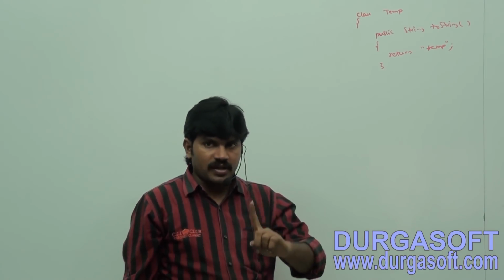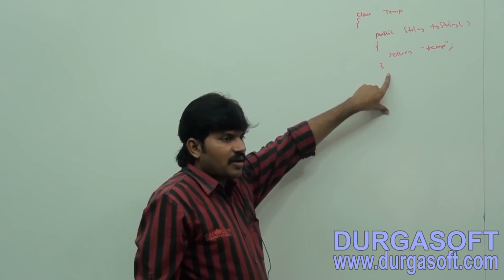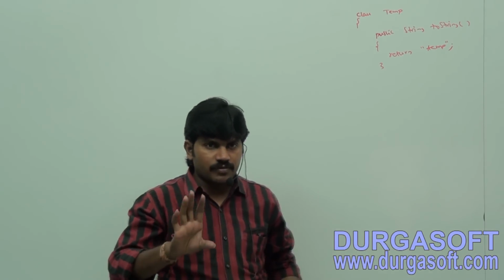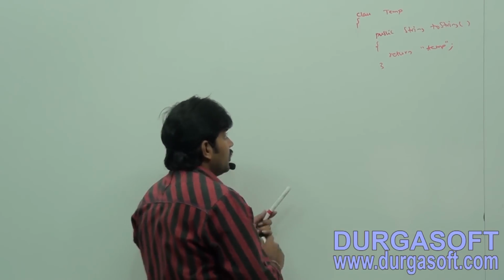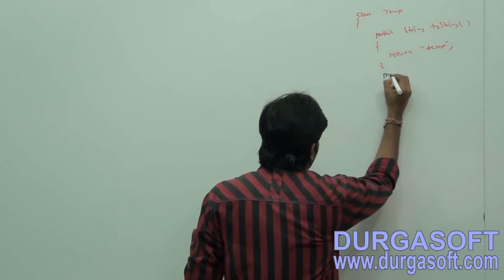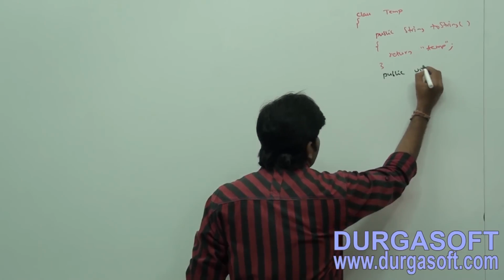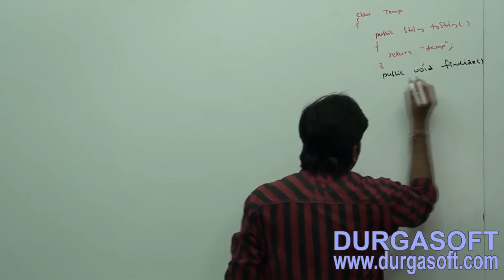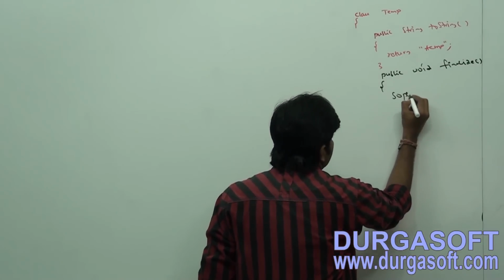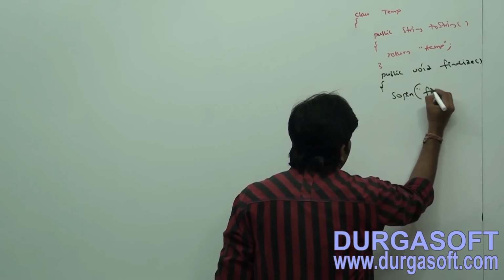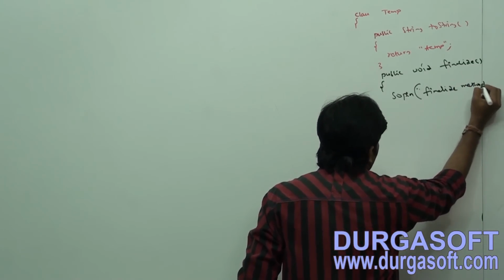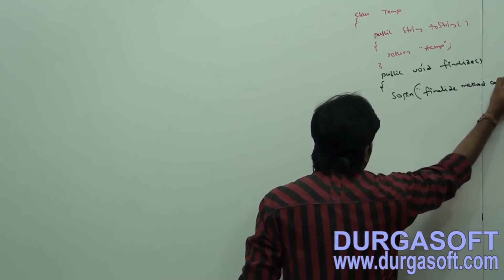Now, whenever the Temp object is eligible for GC, the garbage collector is going to call the finalize method. Let me keep the finalize method also, so that we can get confirmation whether the Temp object got destroyed or not. That's why I am writing public void finalize, System.out.println, "finalize method called".